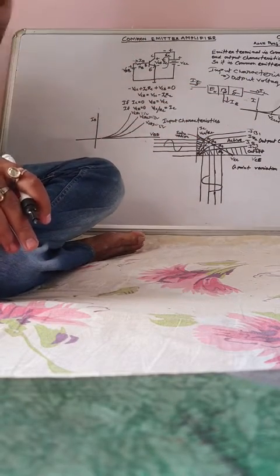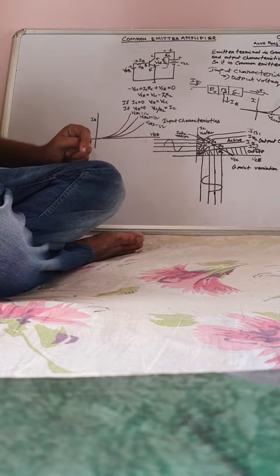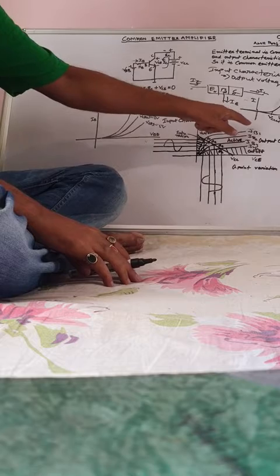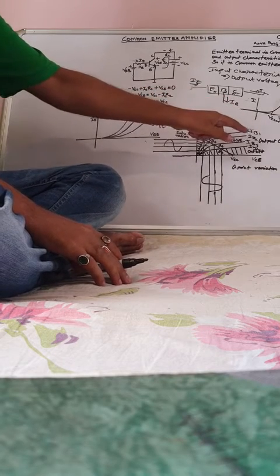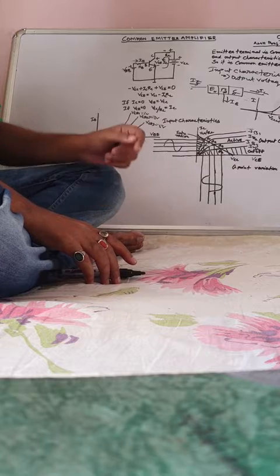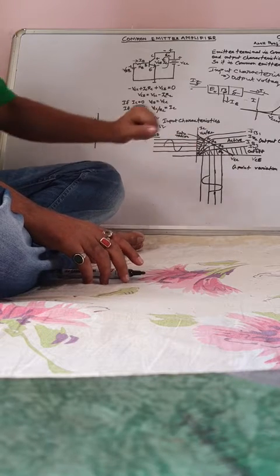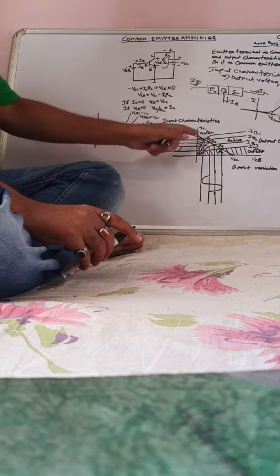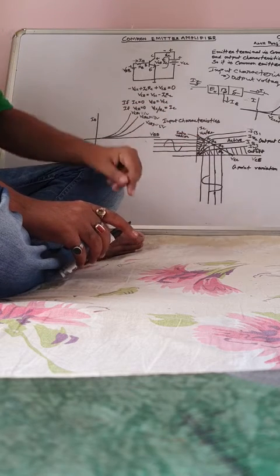Here input current is IB. Input current is always constant in case of output characteristics. This is IB1, this is IB2, this is IB3, this is IB4.